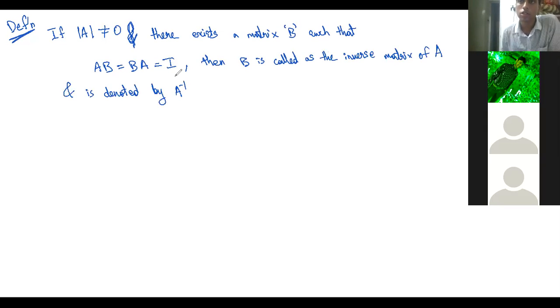So this is the definition of the inverse matrix. What is an inverse matrix? A matrix B such that A into B equals B into A equals I. Then we say that B is the inverse matrix of A. It's denoted by the symbol A inverse.